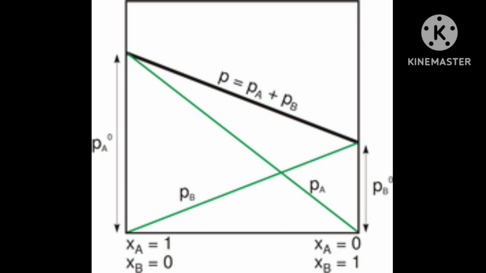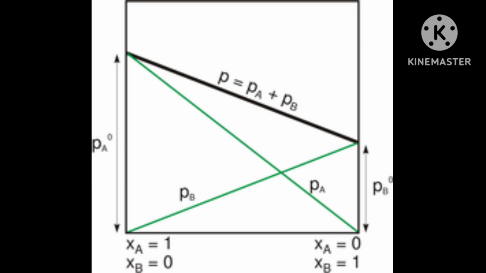Here Y1 and Y2 are the mole fractions of component 1 and component 2 in the vapor phase.